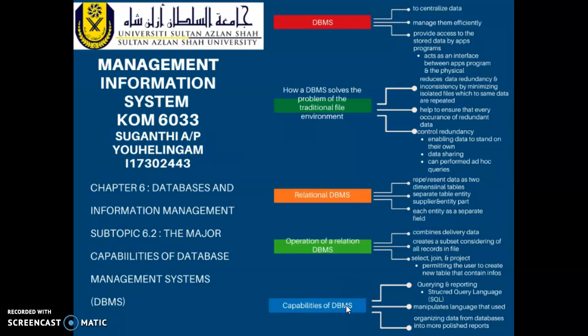Next, the capabilities of DBMS: querying and reporting. The most prominent data manipulation language today is Structured Query Language, or SQL.